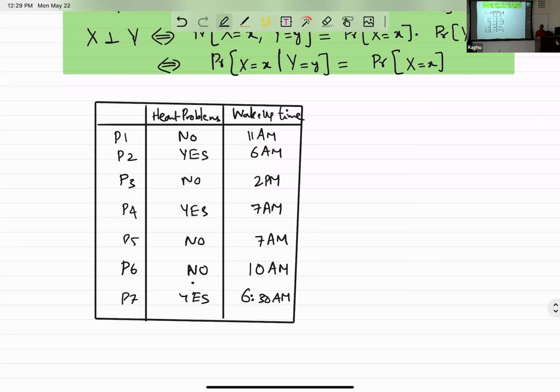Yeah. There could be some other factor that we're not counting. Exactly. There could be, age, right? Older people tend to wake up early. Older people have heart problems. Younger people, like let's say if you're undergrad, then what time do you wake up?